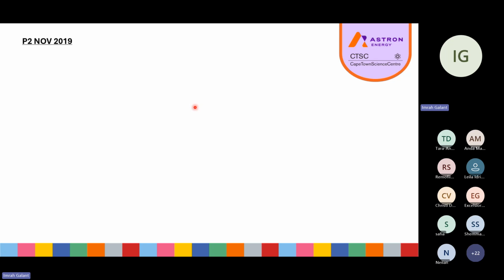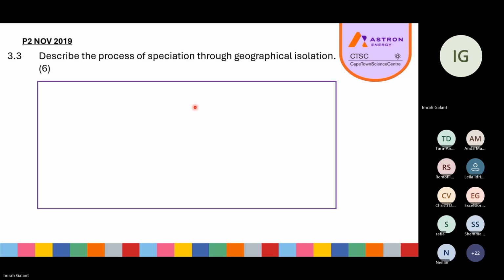This says describe the process of speciation through geographical isolation. This question accounts for 6 marks. With this question again, you also need to mention it in chronological order in order to get your marks. And again, if you don't, then you won't get the full marks.